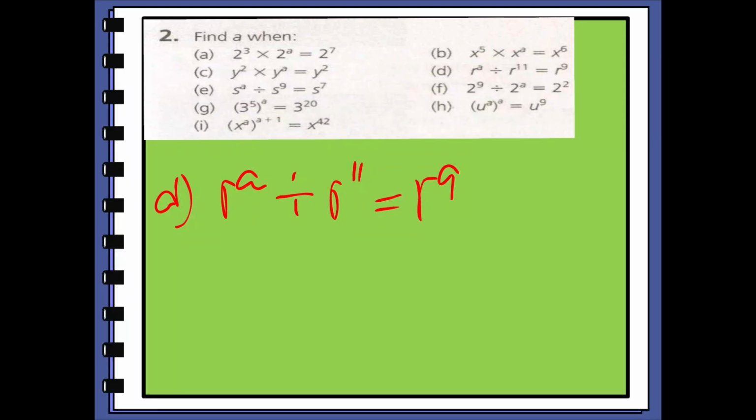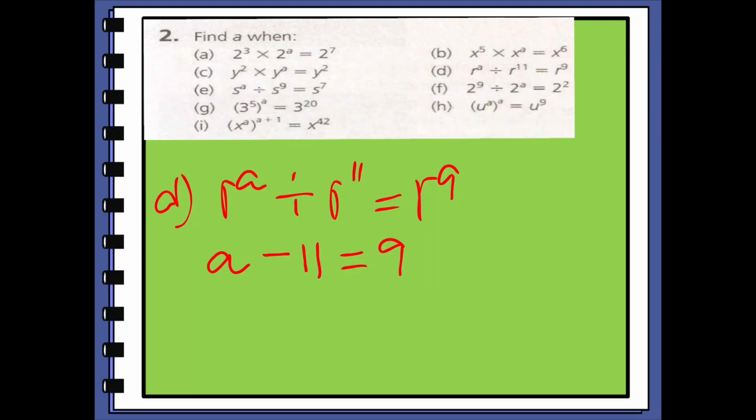So similarly, we are going to pick the powers. We'll say a. Now when we're dividing the powers, we are supposed to do what? To take away. So we'd say minus, the other r has got power 11 equals power 9.